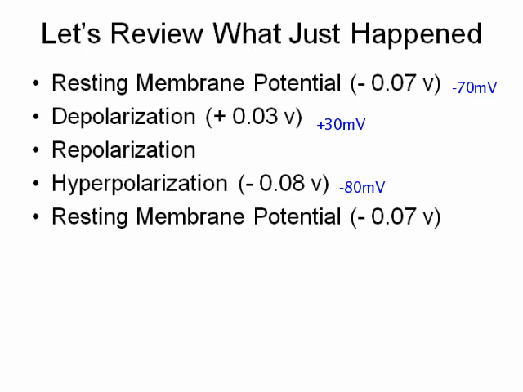Some of that excess potassium diffuses away, and that drops the electrical charge back down to resting membrane potential, which remember is negative 70 millivolts. And that's where we are.